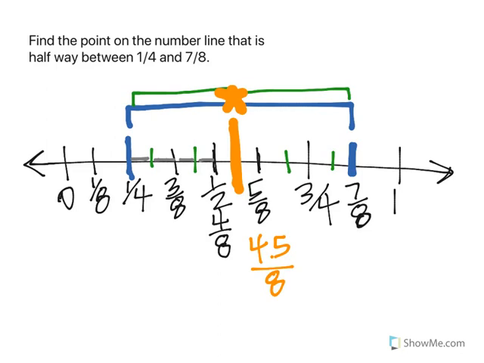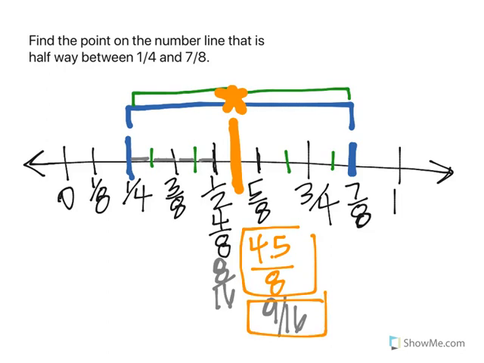So if these are 16ths, I know that a half would be 8 16ths. And so if I went 1 over, that would be 9 16ths. And so the answer to what point is halfway in between 1/4 and 7/8, you could either write that it's 4.5/8 or that it's 9 16ths.